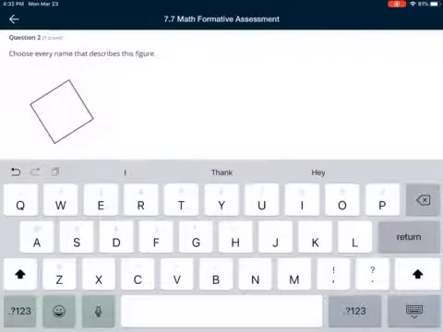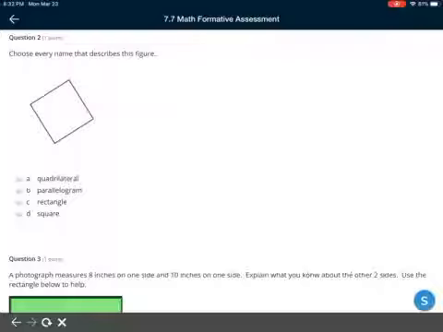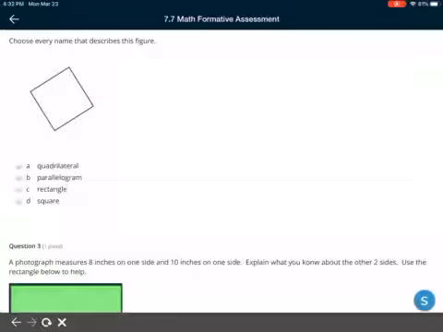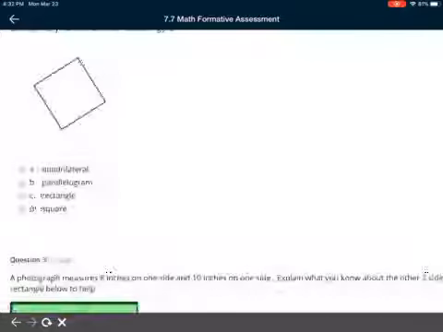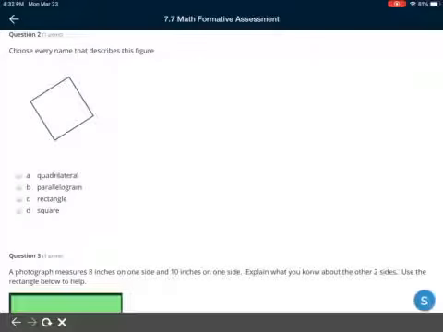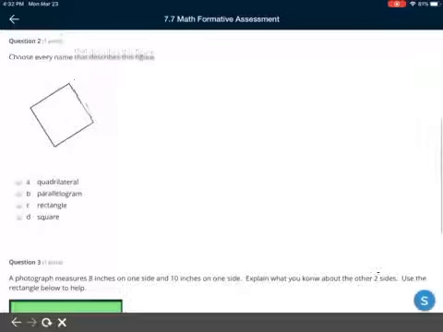Question number 2. Choose every name that describes this figure. So you got to think, okay, what's that figure? If you think it's a pentagon, I'm going to look down here at my choices. Quadrilateral, parallelogram, rectangle, square. Well, I don't think it's a pentagon. Pentagons have 5 sides. But I do have to think about what these vocabulary words mean.